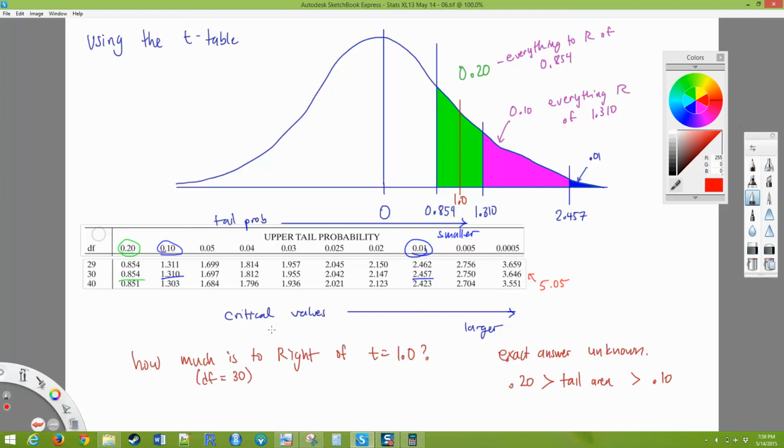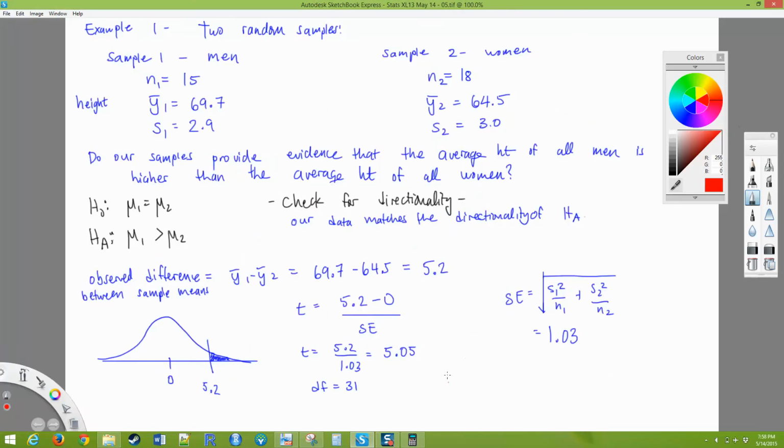Okay. So when we look this up in the t-table, we get that our tail area, we don't know exactly how much it is, but we do know that it's going to be less than 0.0005.